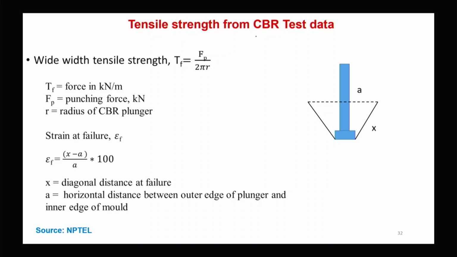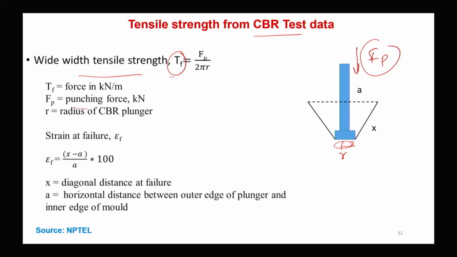Using the CBR data, we can convert it to tensile strength. So here the tensile force is TF, the punching force is FP, the downward force, and the radius of the CBR plunger is R. Okay, R is the radius.